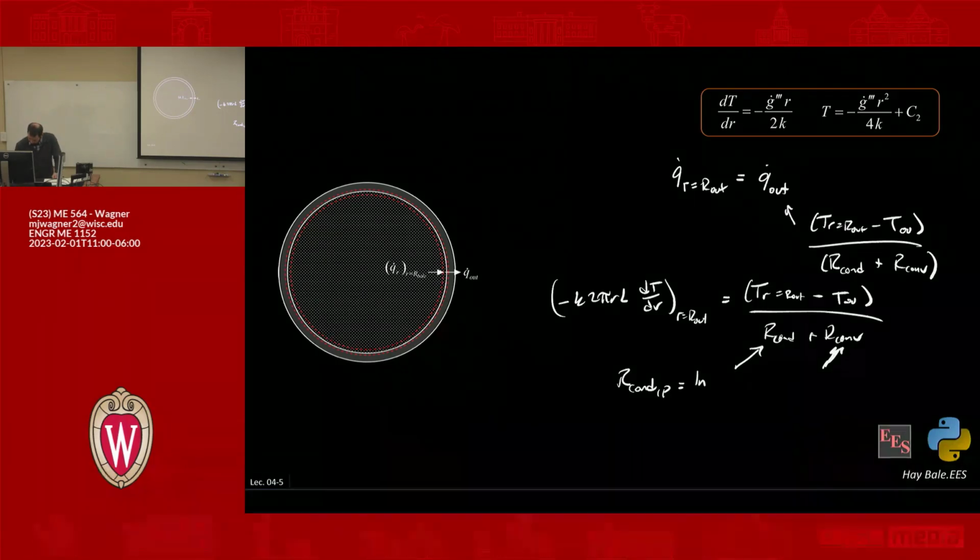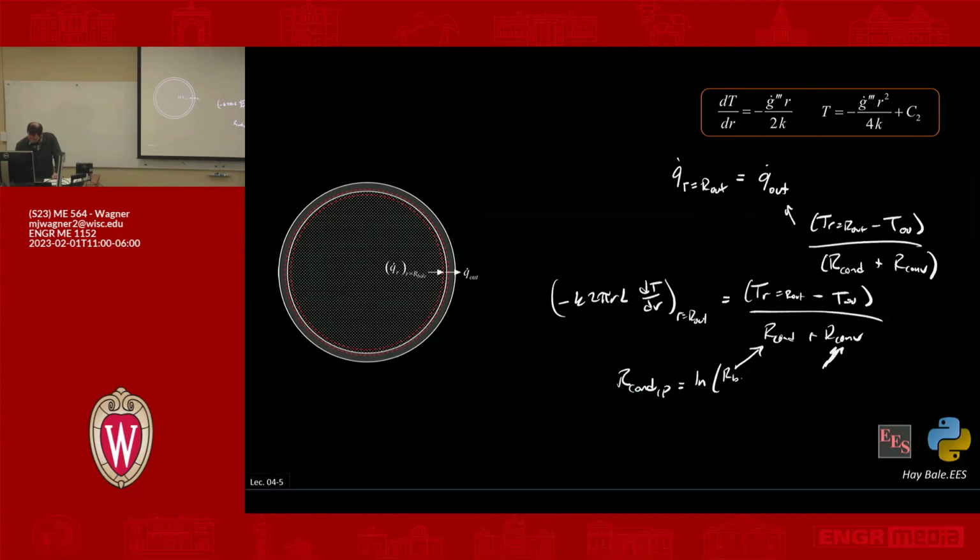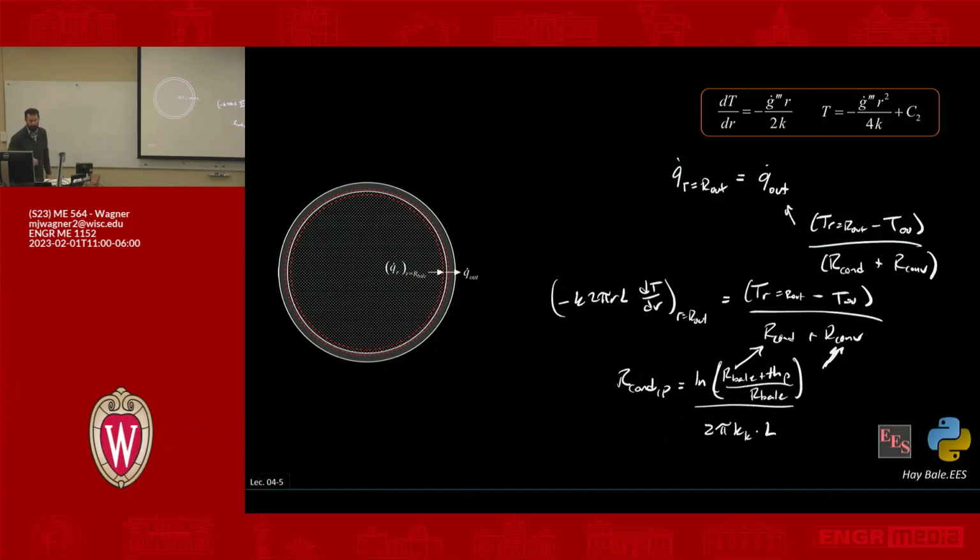So we say ln of the outer radius, which is R bale plus the thickness of the plastic, divided by R bale. Right, so the log of that term divided by 2 pi k of the plastic L. That's our plastic resistance.